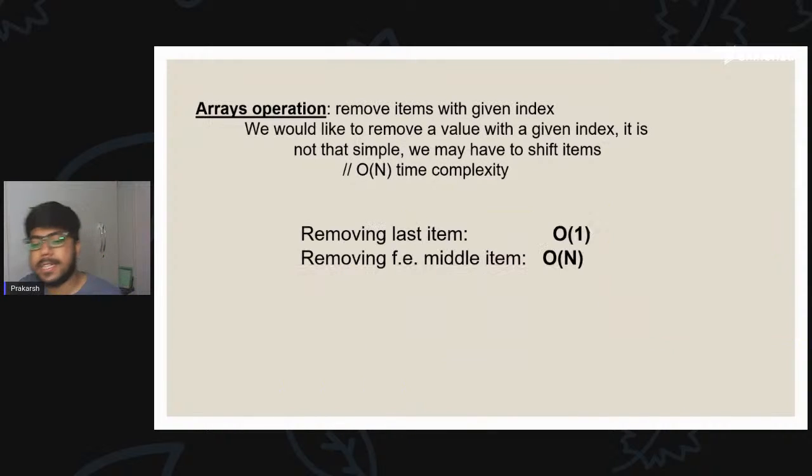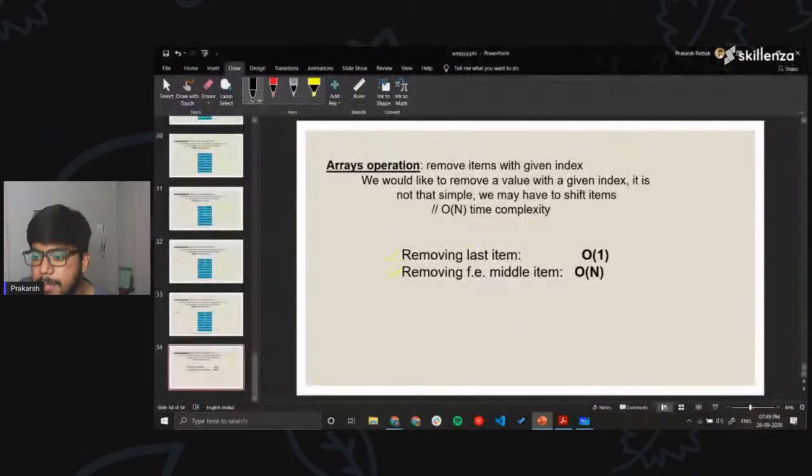So we are missing Ramesh and everything, but we were very menial people, and we only did this to understand the concept of arrays. So yes, removing the last item is O(1), and removing a middle item is O(n). So you understood how this works?